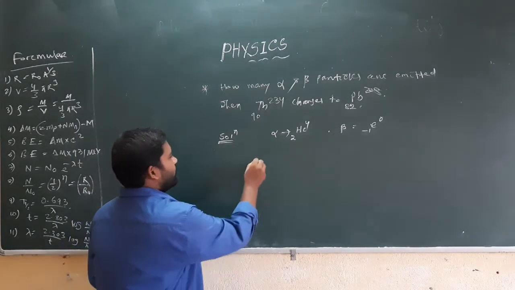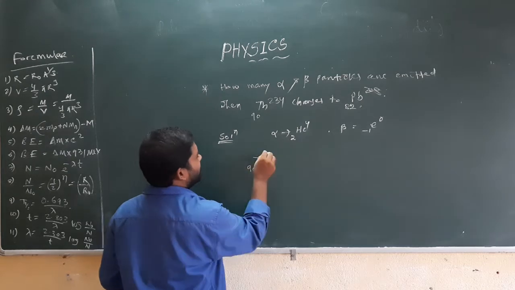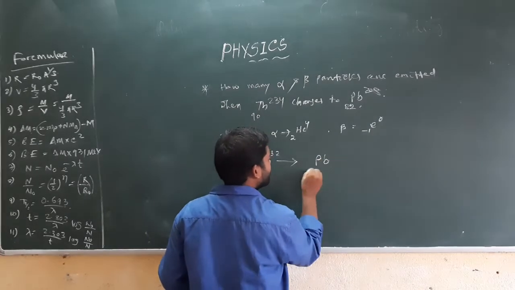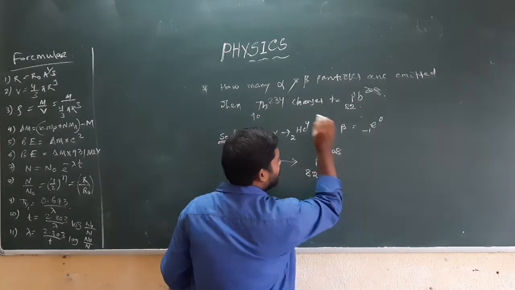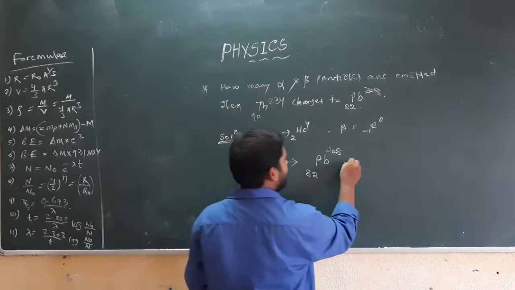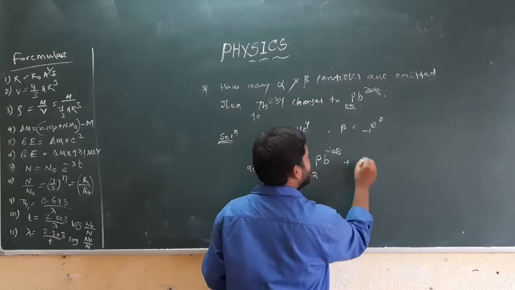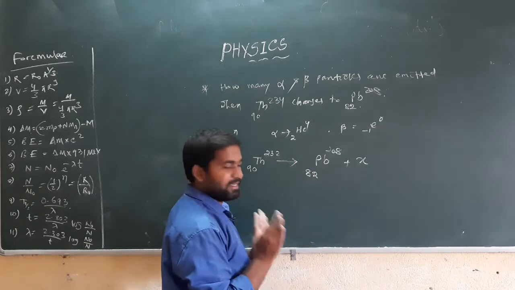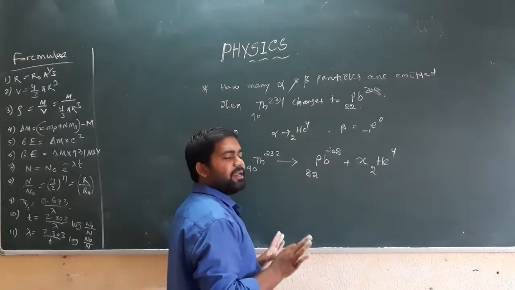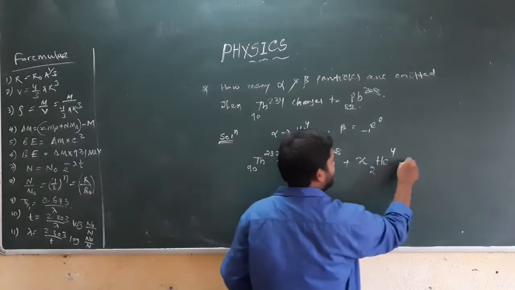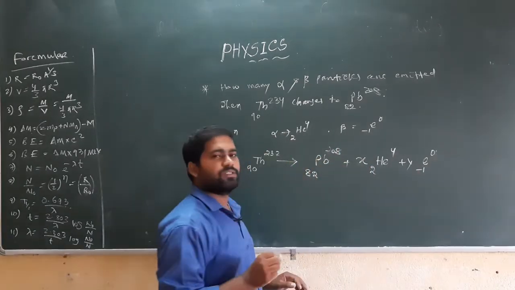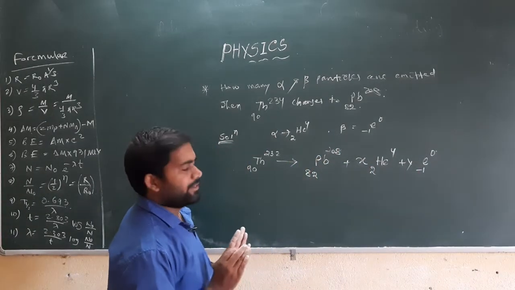Suppose thorium 90-232 changes to lead 82-208. In such radioactivity, suppose the number of alpha particles emitted is x, where alpha means He 4 2, and y number of beta particles are emitted during this radioactivity.